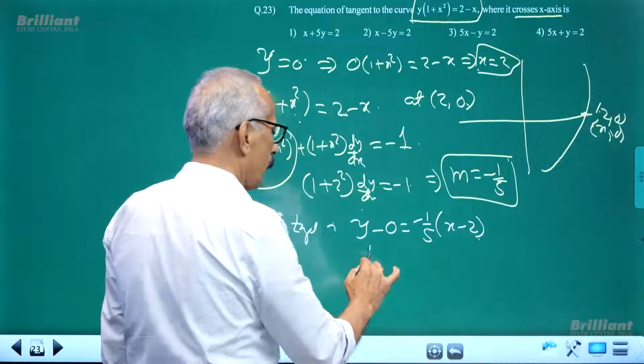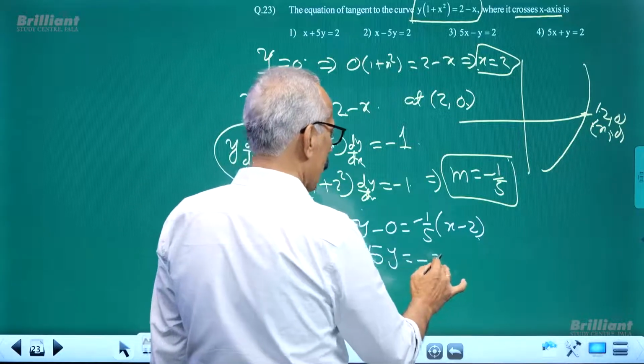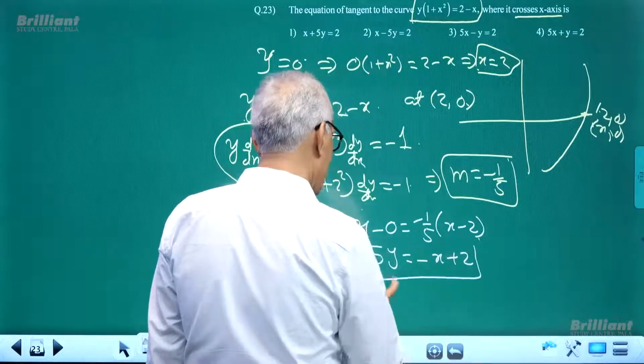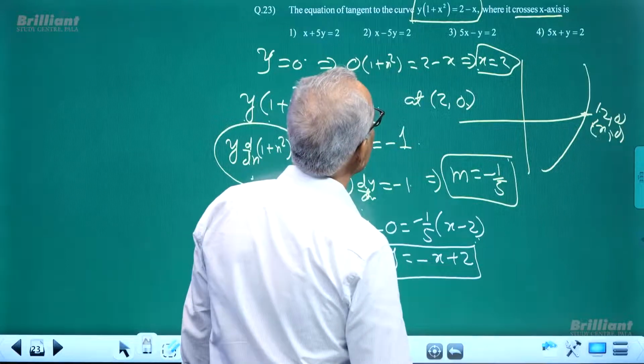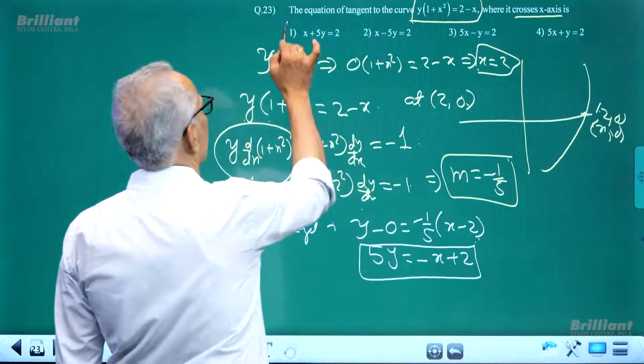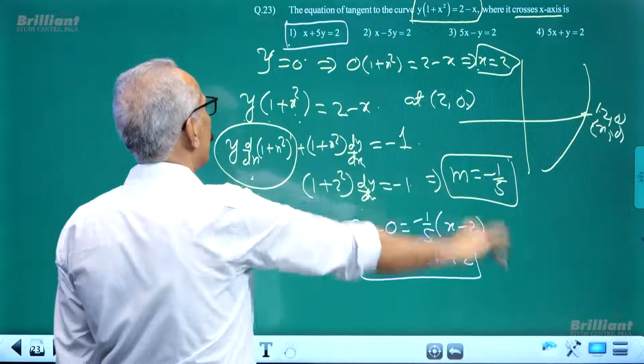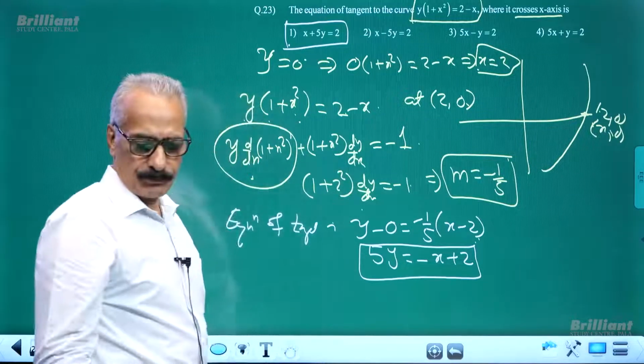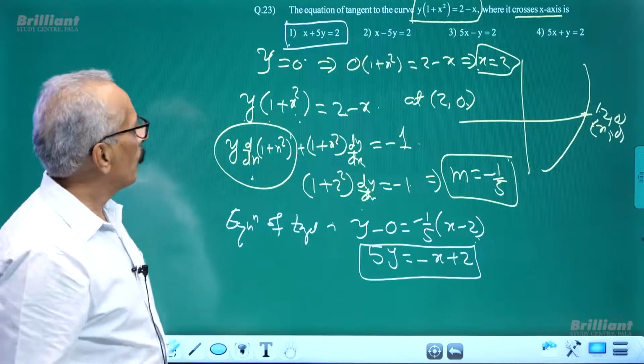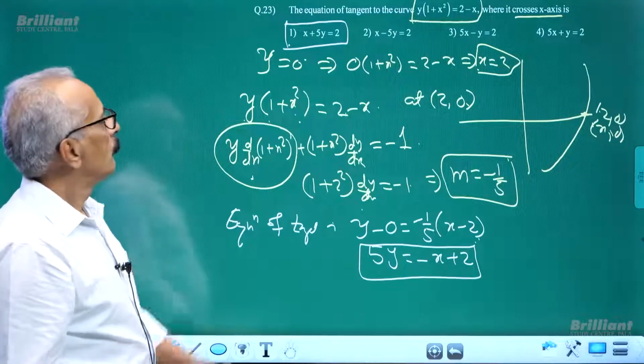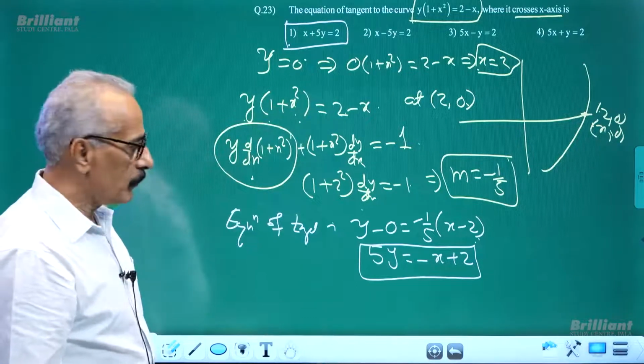You can calculate: 5y equal to minus x plus 2. You write your answer: x plus 5y equal to 2. So for 23rd, the answer is option 1. X plus 5y equal to 2.